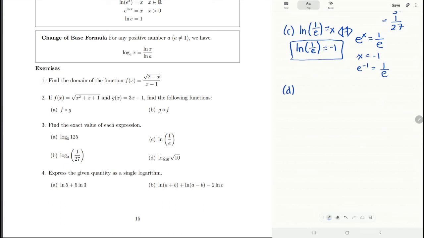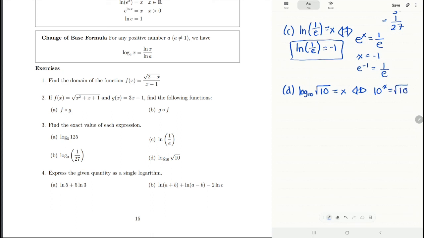And lastly, we have log base 10 of the square root of 10. So if we call this number x and write it in exponential form, then we have 10 to the power of x is equal to the square root of 10.